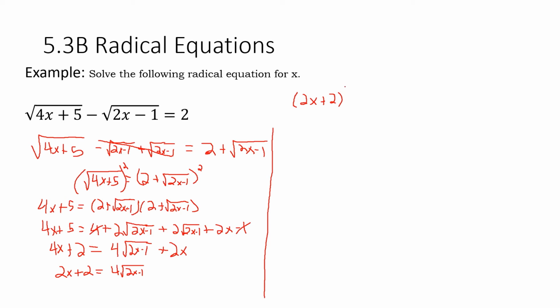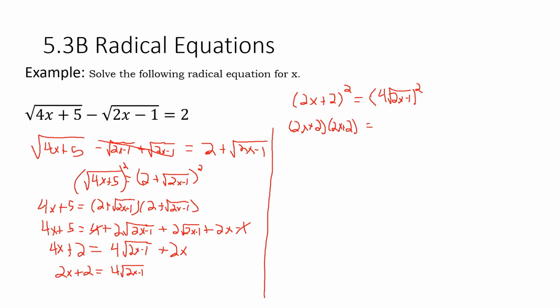That's a binomial that we're going to have to square, and we're going to end up with a trinomial, equals 4 times root 2x minus 1, squared. So we'll have to expand this out, and it turns into 2x plus 2 times 2x plus 2.